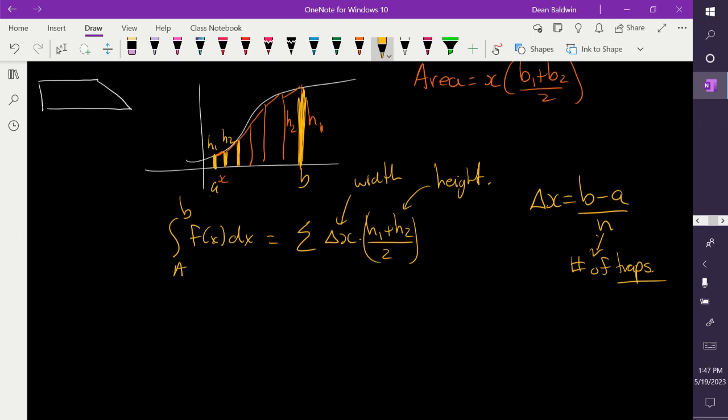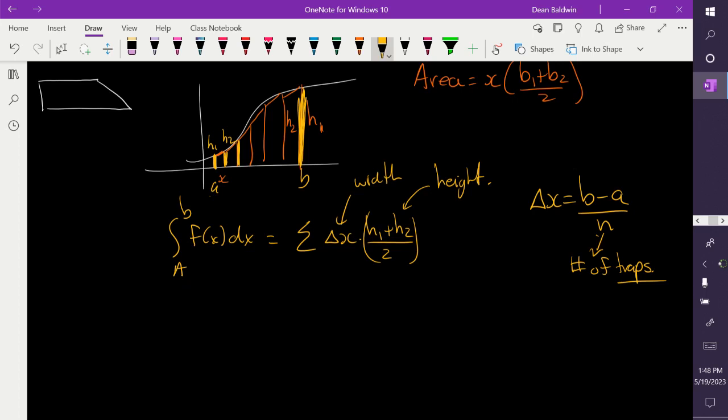That's this bit of the formula, okay? And then the next trapezoid is this height plus this height divided by 2. And then this one is this height and this height. So you can see all the heights in the middle get used twice. Does that make sense? And the ones on the outside, these two, only ever get used once. Okay? All right.